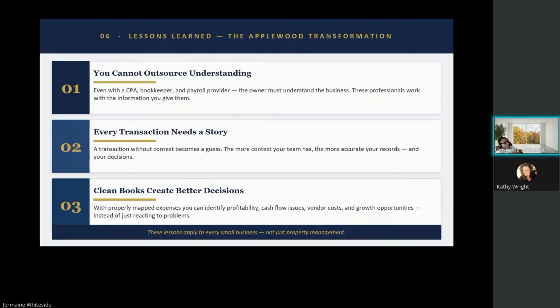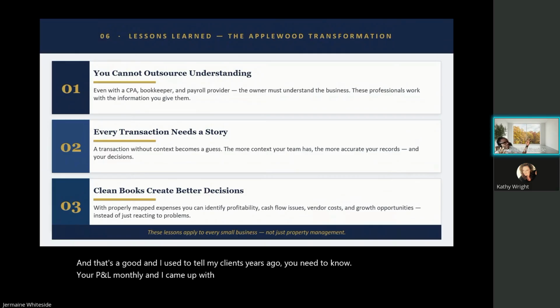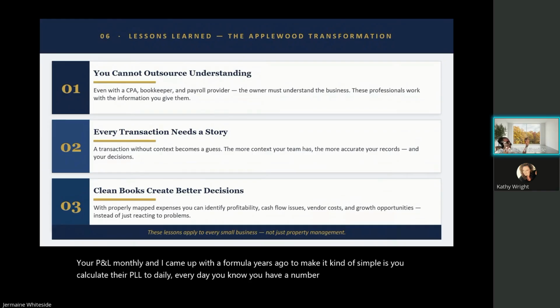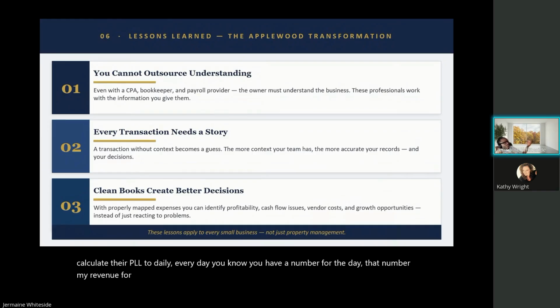And I used to tell my clients years ago, you need to know your P&L monthly. And I came up with a formula years ago to make it kind of simple: you calculate that P&L daily. Every day, you have a number for the day. My revenue for the day is $150.